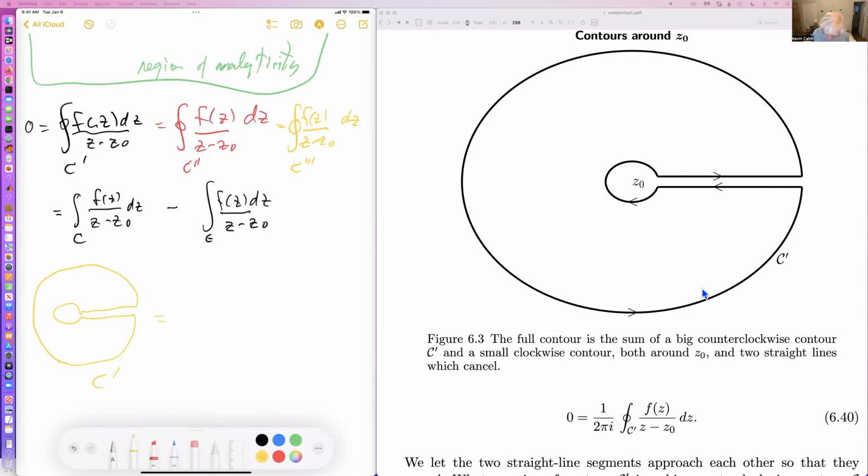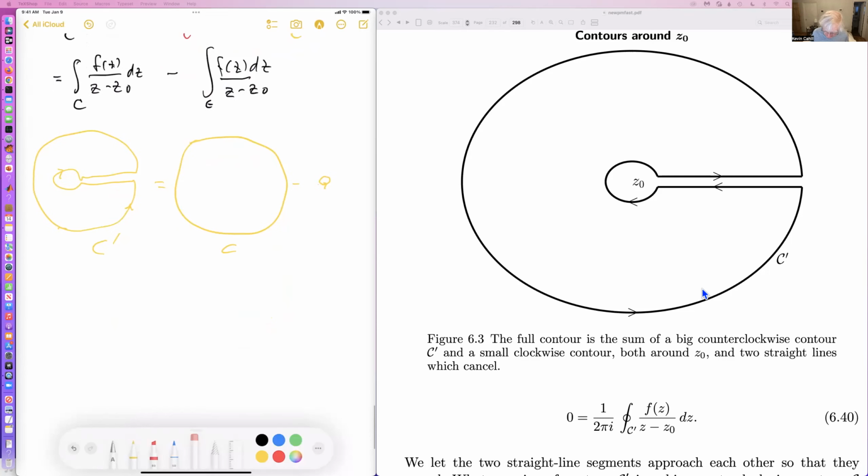And what we're saying is that that is C minus a tiny contour like that, which is counterclockwise. Remember, this one is clockwise. It's counterclockwise here, but it's clockwise there.